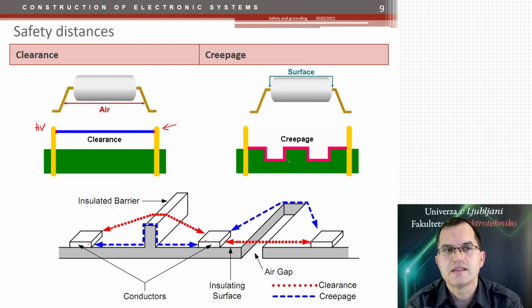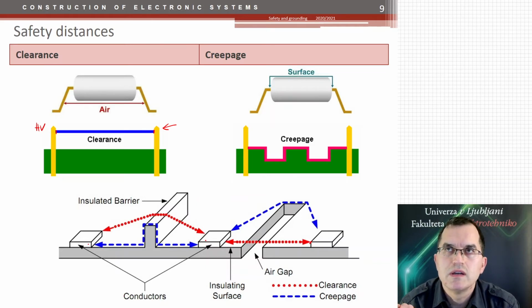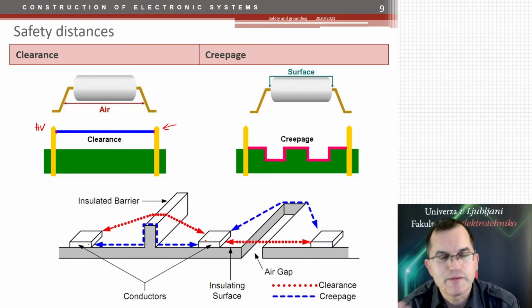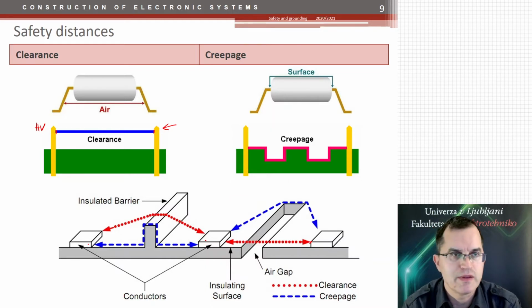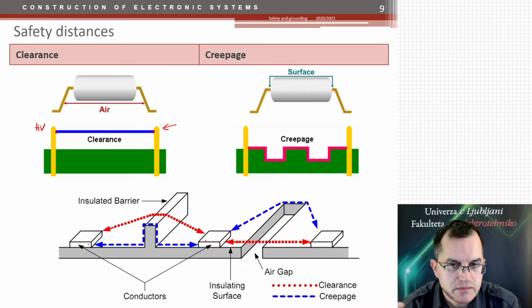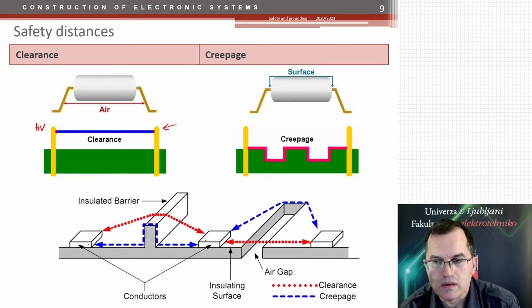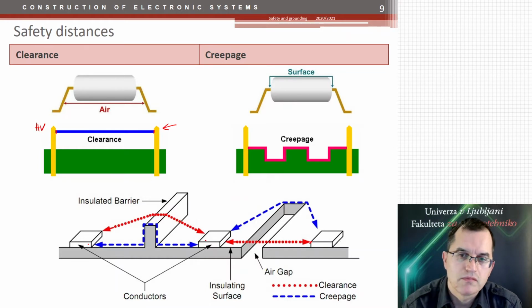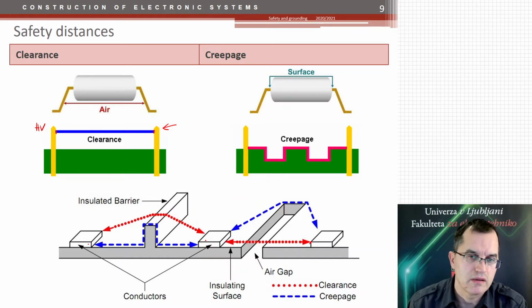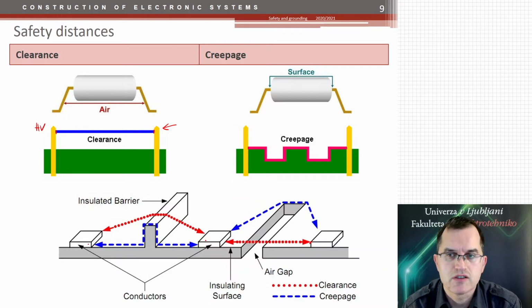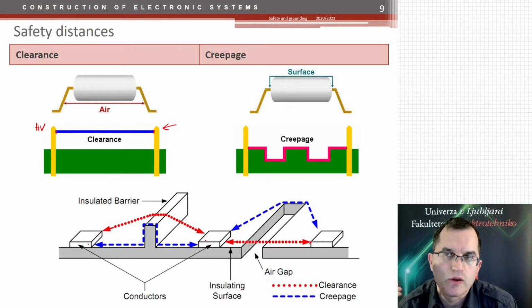And this is what the creepage distance is about. It's about the surface property, because the surface of your PCB or whatever can accumulate dust or some other dirt, or maybe some humidity or moisture can attach to it, some condensation can occur, and all that can then provide a conductive path.